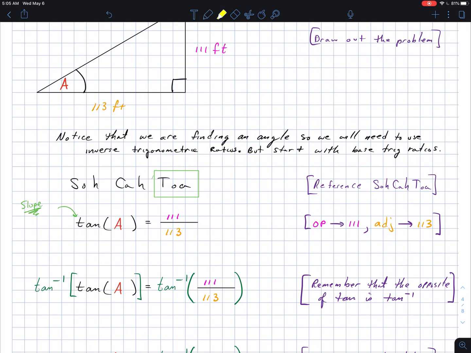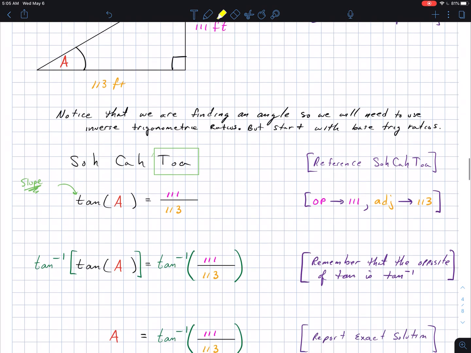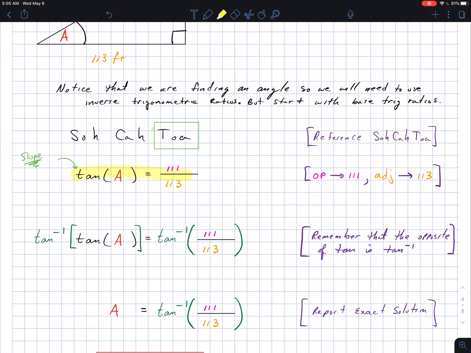I've now looked, referenced SOHCAHTOA, realized I have opposite and adjacent sides. I have no hypotenuse, so I rule out sine and cosine right away. I've labeled the sides. Opposite is 111, adjacent is 113. I then substituted them into the regular trig ratio.